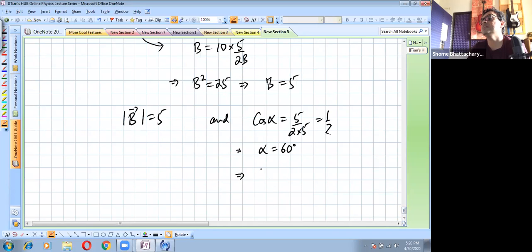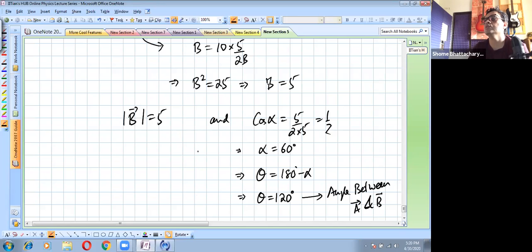Theta is the angle between A and B. So theta is 180 minus alpha. Theta is 120 degrees, and this is the angle between the vectors A and B. So this is also done. And finally, you also have to find C. C was coming from that formula that 4B square was C square plus 25.